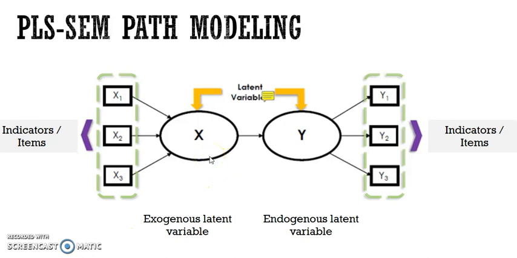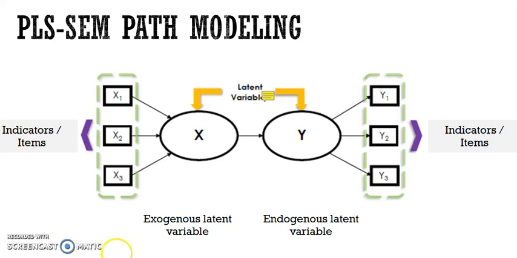And you can see also the indicators, also called items or manifest variables, which are directly measured proxy variables that contain raw data, represented in the path model using rectangles. Relationships between constructs, as well as between constructs and their indicators, are shown as arrows.